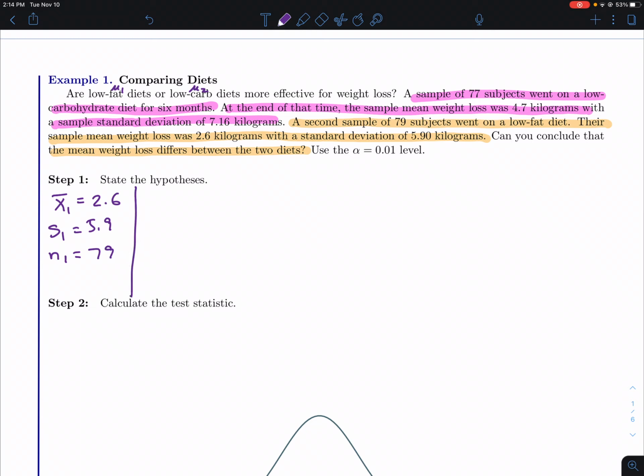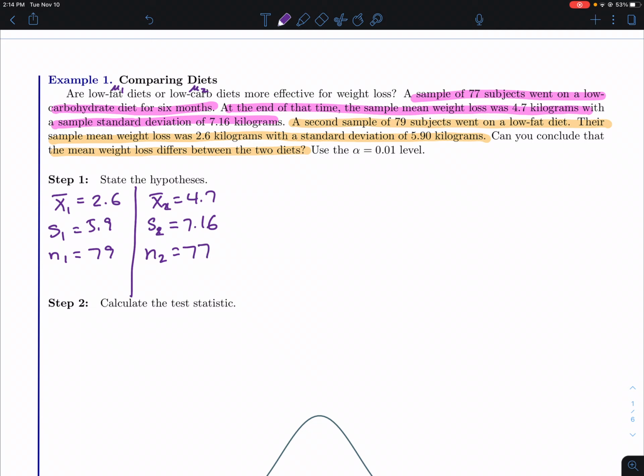And now for the low carb diet, our sample mean was 4.7 kilograms. Whoops, these should be all twos. Our sample standard deviation would be 7.16. And our number of people surveyed was 77 in this case.